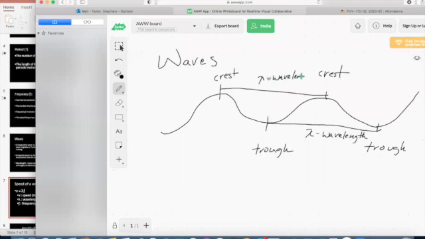Wavelength is usually measured in meters. Your peaks are your crests, and the distance between two crests is one wavelength. Your deep wave parts are your troughs, and the distance between two troughs is also a wavelength. The distance from crest to crest or trough to trough is the same across a similar wave.